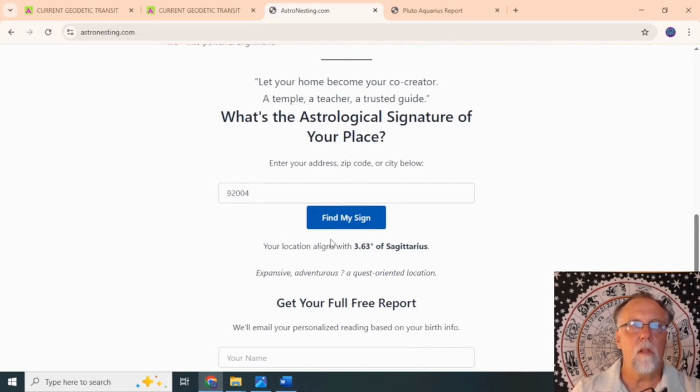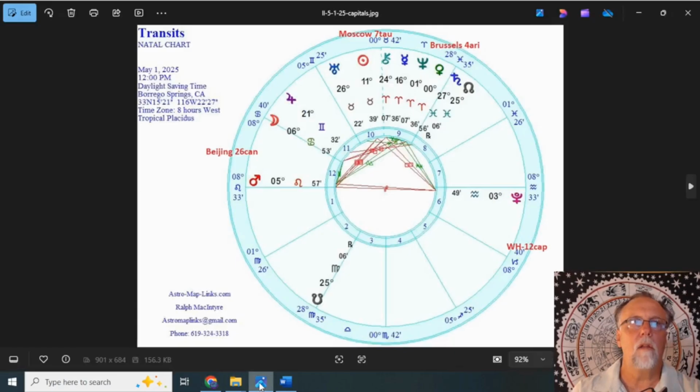So for my location here in Borrego Springs, it's 3.6 degrees of Sagittarius. You can then use that information to put it into a map, put it into a chart, and utilize that to see how the current transits or how your location affects your birth chart.